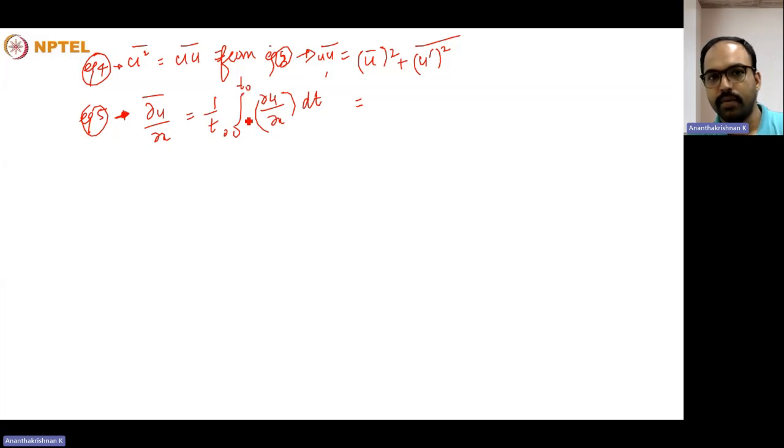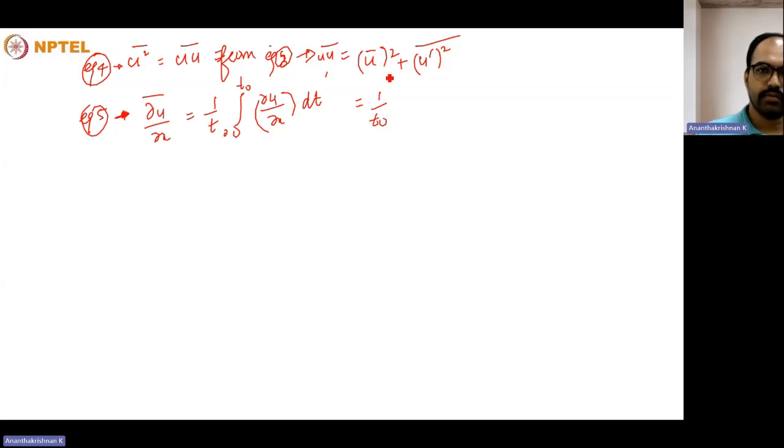So if the upper and the lower limits are constant, then the derivative of those constants will be equal to 0, and therefore we can write the integral as the derivative using the Leibniz theorem that we have seen in one of the previous lectures, when I discussed the derivation of the integral momentum equation for a flow over a flat plate.